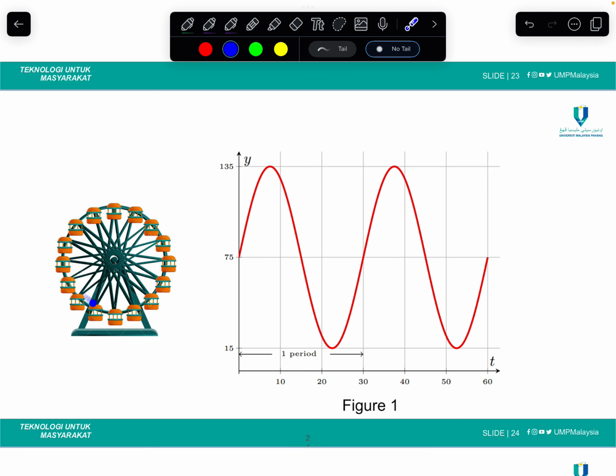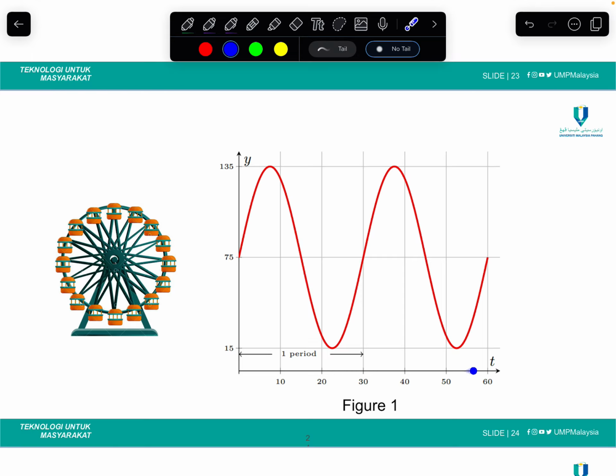This is the Ferris wheel. Miss Laila took one cabin, and while she was riding the Ferris wheel, she came up with these waves. So let's understand this wave.